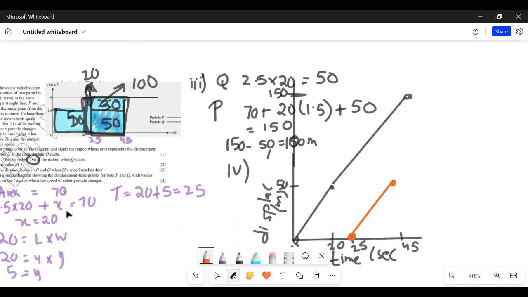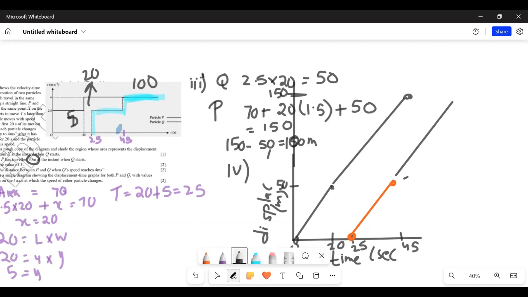And then even beyond that, Q की movement दिखाई है, yes. Then Q is further moving after that. 45 seconds के बाद भी वो आगे move कर रहा है. ठीक है, so you draw a parallel line to the above line. इसके साथ एक parallel line आगे भी दिखा देनी चाहिए. ये दोनों parallel है और ये दोनों parallel. So that would be the displacement time graph for both P and Q.